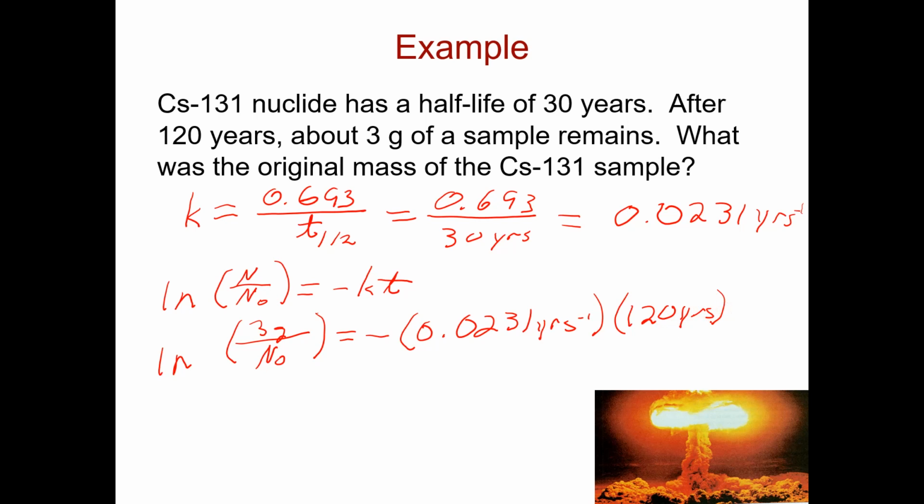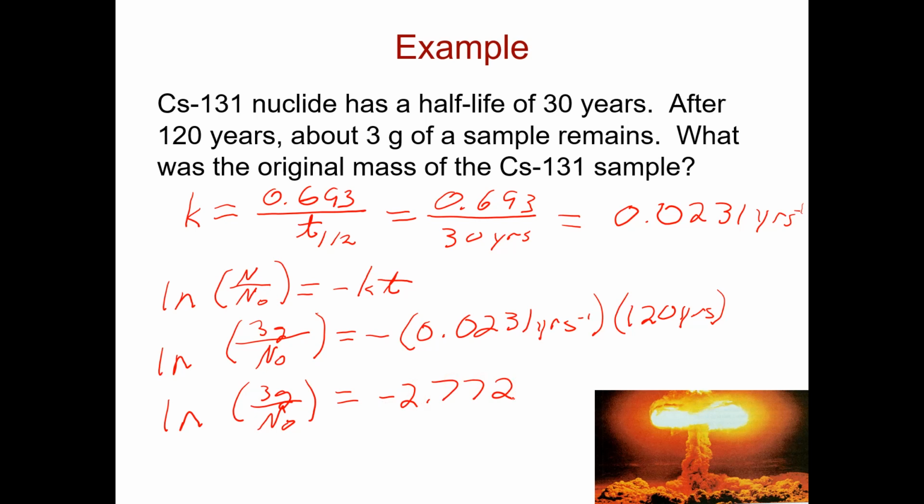So then what I'm going to do is take the 0.0231 times 120, so that I'll have a little bit less to write here. So 3 grams. And if I multiply these two together, I get -2.772.